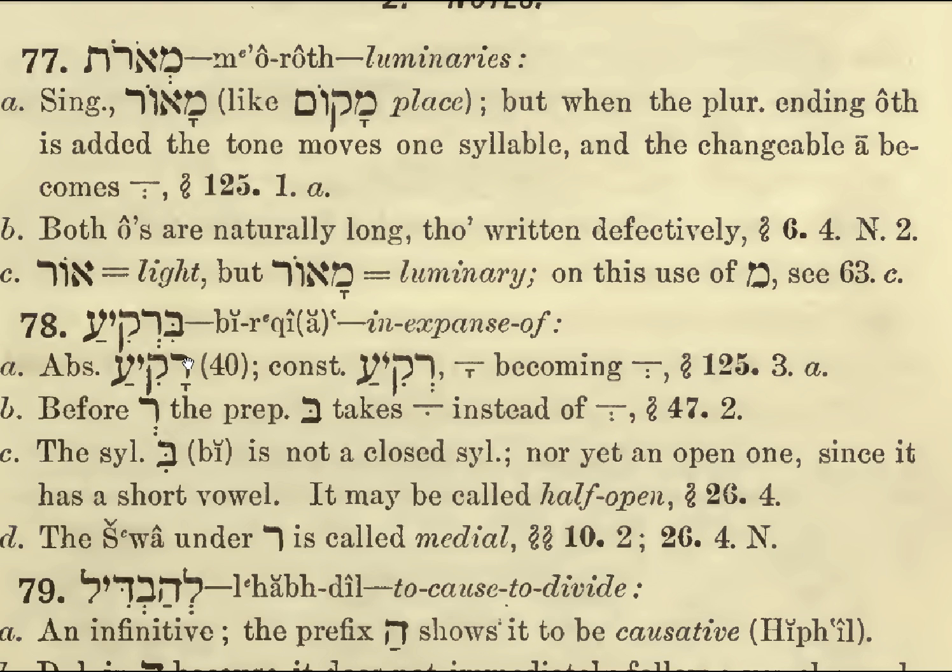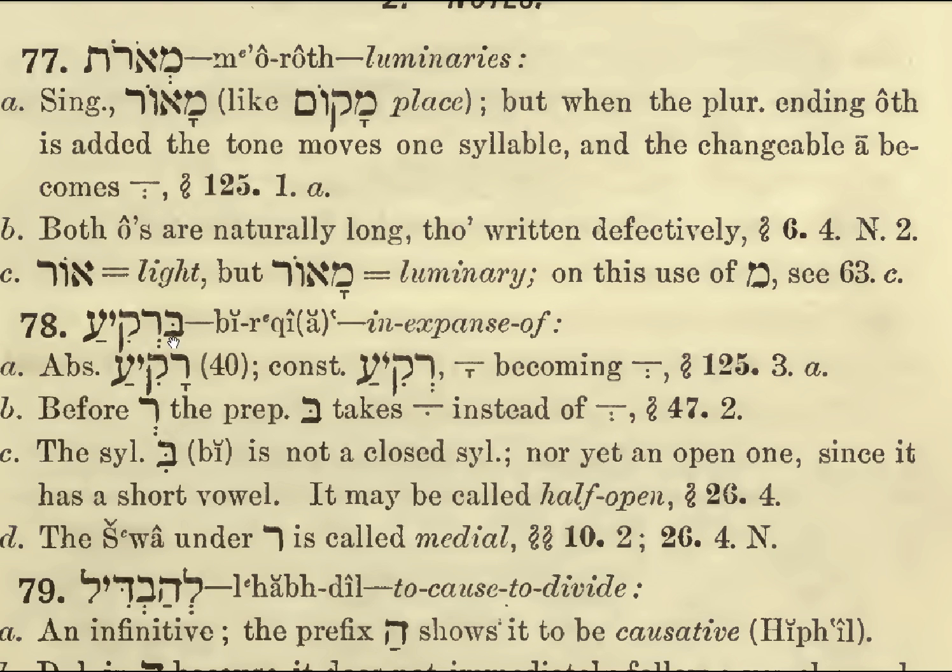Now this b is not a closed syllable, but it's not an open one either, because it has a short vowel. It's half open. Remember that the resh cannot take the dagesh, so we can't say bir as we would normally do if we had a letter that could take the dagesh. So the syllable break is still here, after the b.